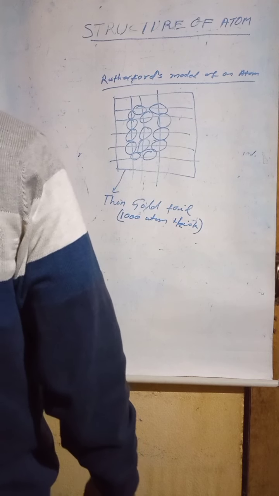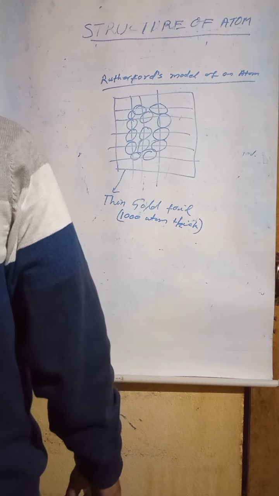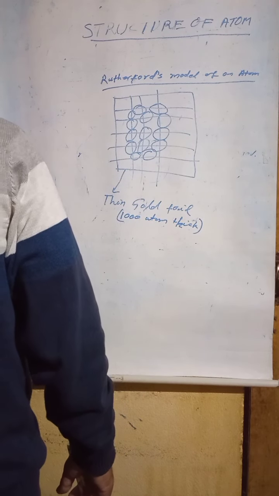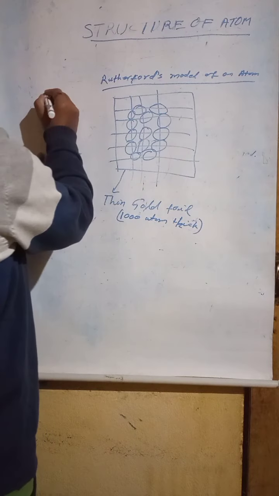Alpha particles are doubly charged helium ions since they have a mass of 4u.